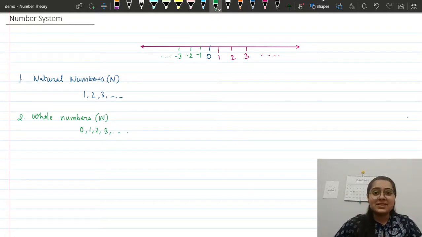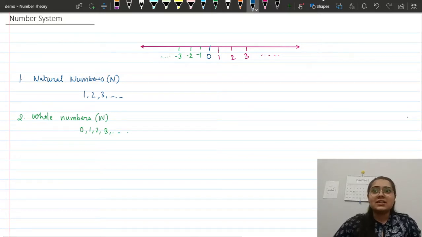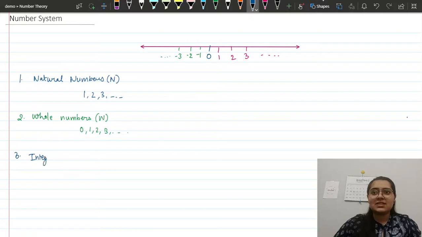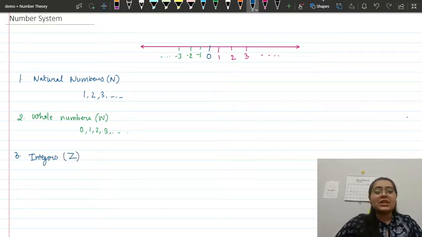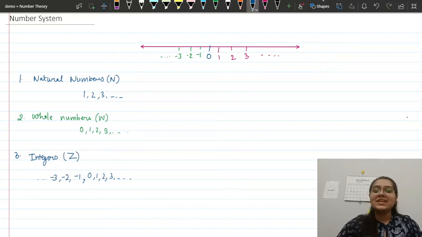These numbers are called integers, and we denote it by capital Z. Now these integers can be written as the set of whole numbers 0, 1, 2, 3, and so on, along with the negative numbers -1, -2, -3 and so on. These are called our integers.